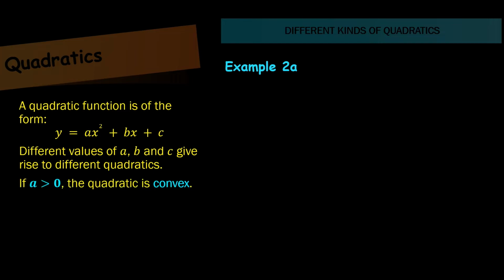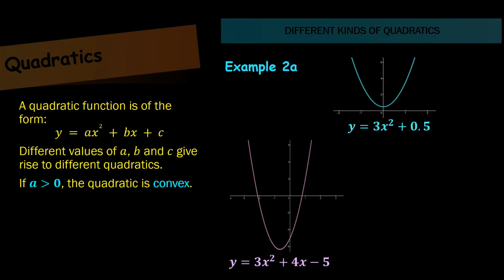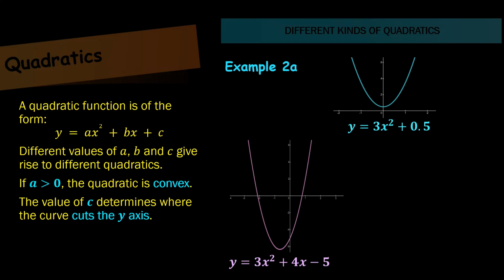If a is greater than 0, the quadratic is convex, as can be seen here and here. The value of c determines where the curve cuts the y-axis. You can see this in the existing curves on your screen, and also in this one.